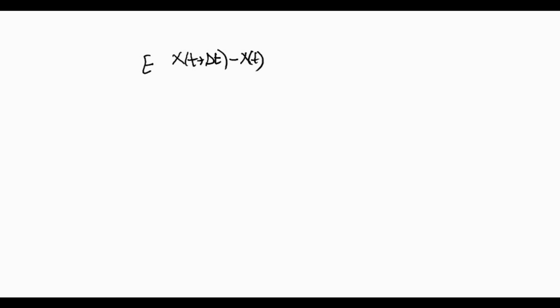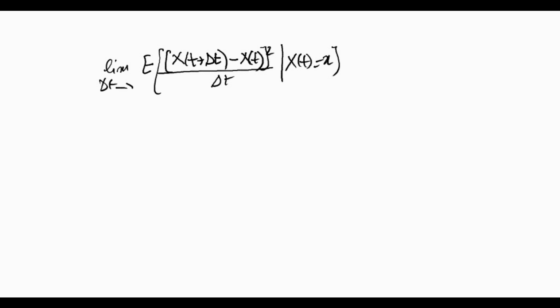So it's the difference x of t plus delta t minus x of t, squared, everything divided by delta t, conditioned on x of t equals x. So the limit of this as delta t goes to 0 equals, by definition, sigma square of x, which is the tensor of the initial process.